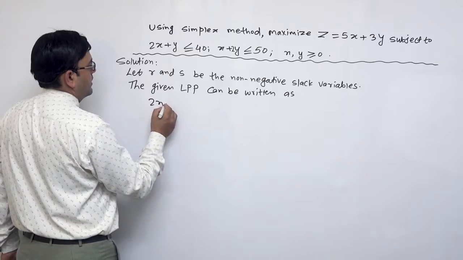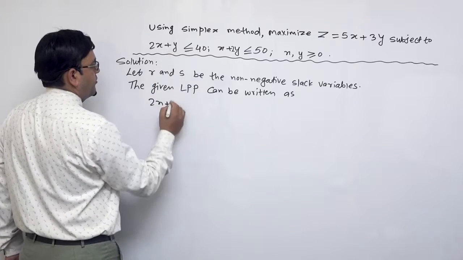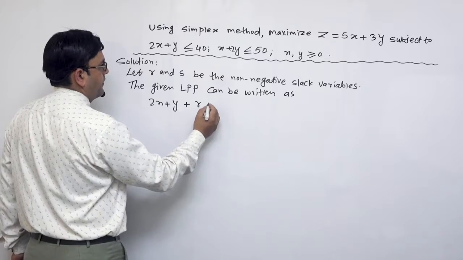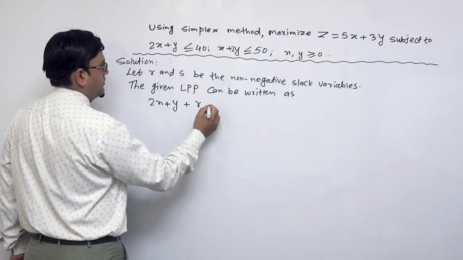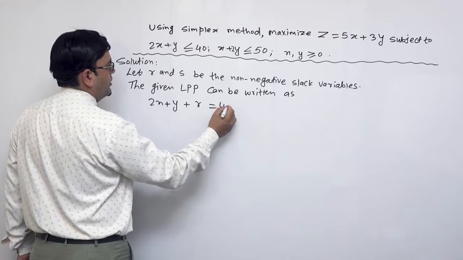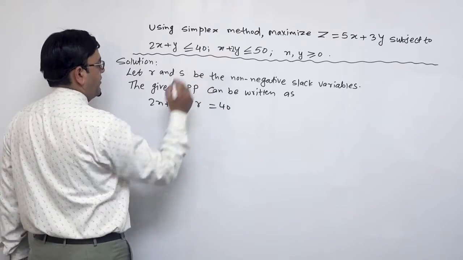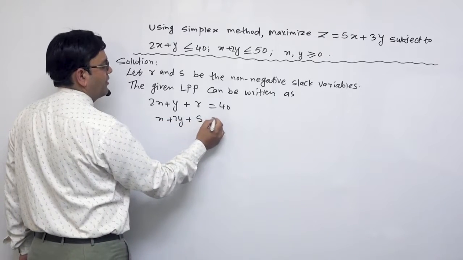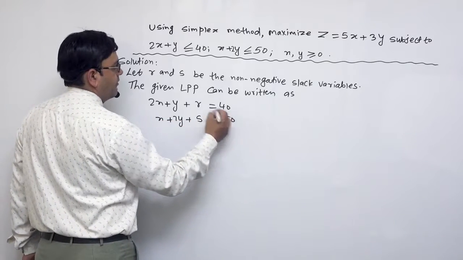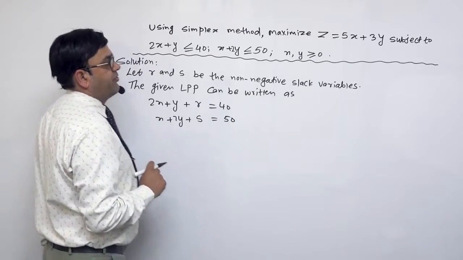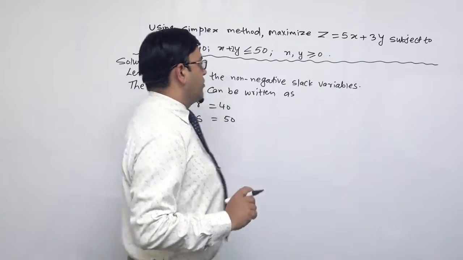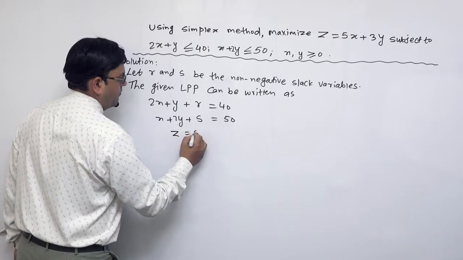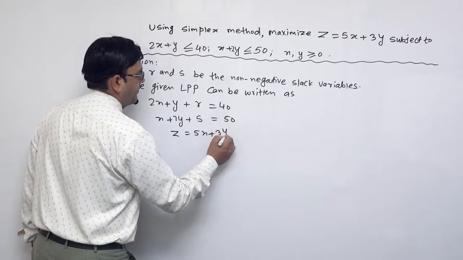2x plus y plus slack variable r is equal to 40, and the second one is x plus 2y plus s is equal to 50, and the third one is z is equal to 5x plus 3y.